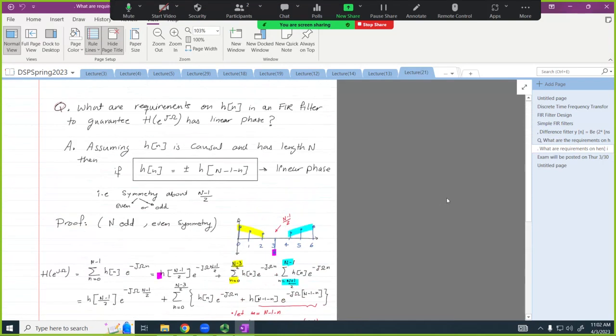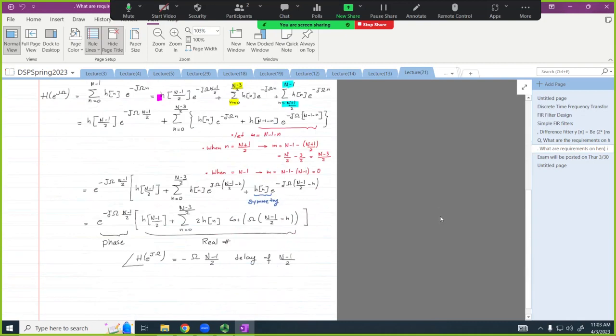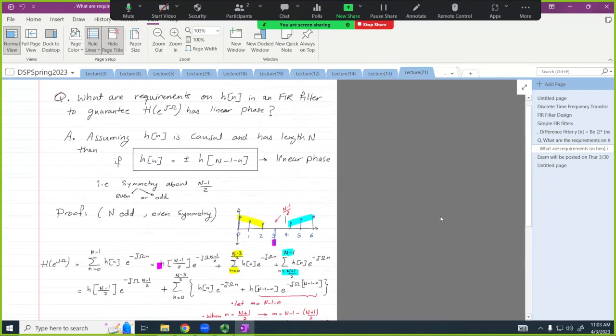And then we looked at the requirements for having a linear phase. We said in order to have a linear phase, we must have symmetry. We must have either odd or even symmetry about the center of the impulse response of the filter. Make sense? So if you look at the 4 different cases, or did we look at 4 different cases or not?